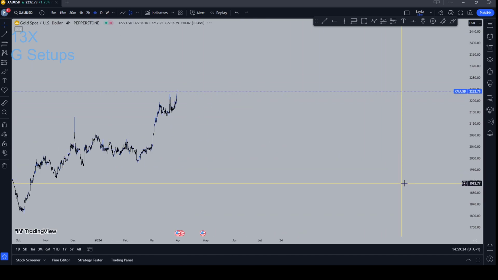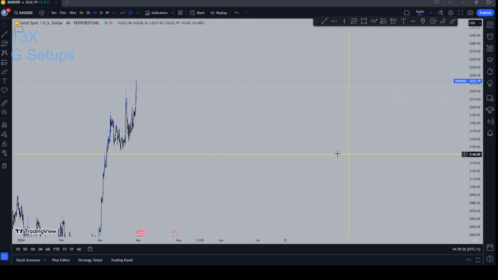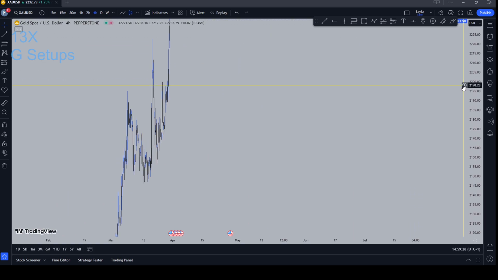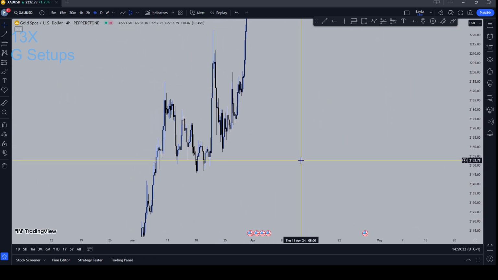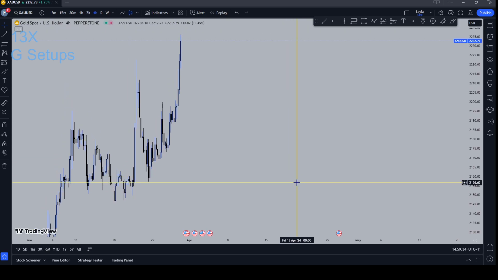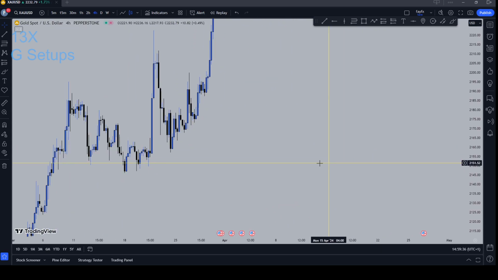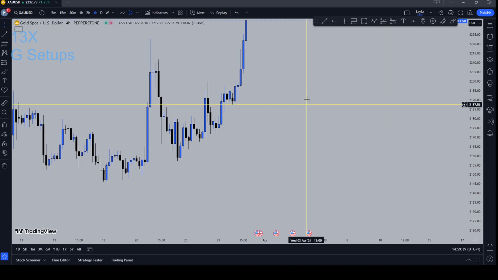Let's go to our chart. This is an entry that I took these days that I find very special. It made me good money. Look here. We have an H4 bullish gap.